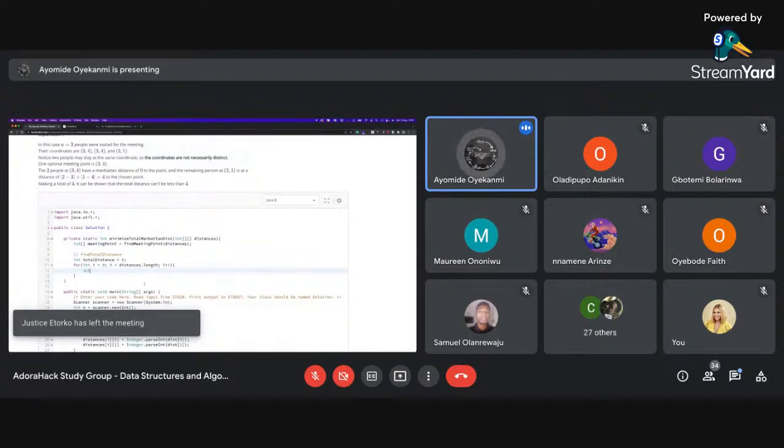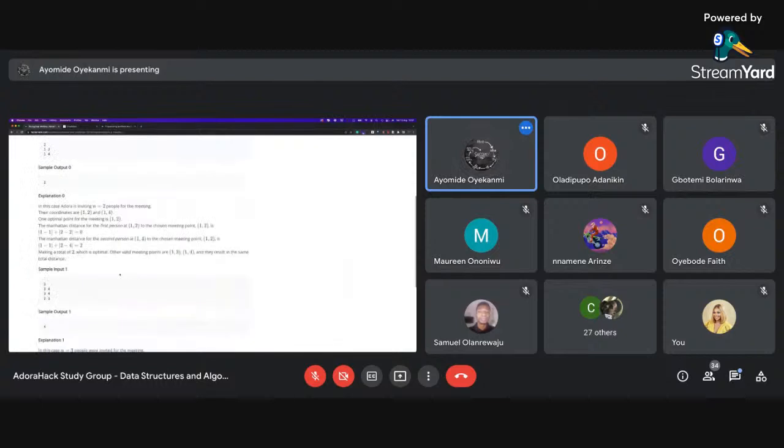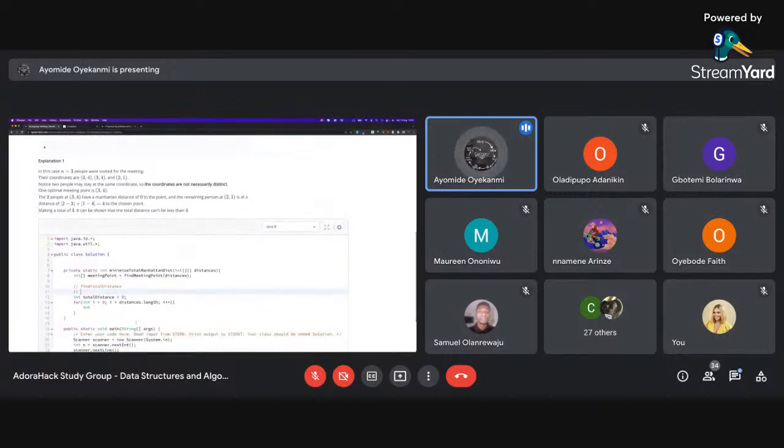Okay, so what is the formula again? The formula to get the distance of each person to the meeting points is something like x minus x meeting. So the x of the current person minus the x of the meeting point, absolute value of that, plus y minus y meeting, kind of the same thing, right?